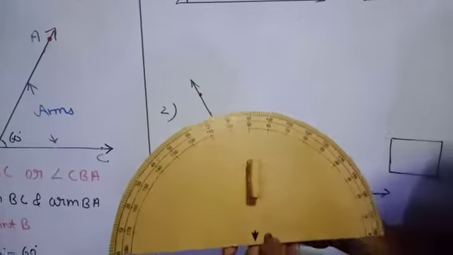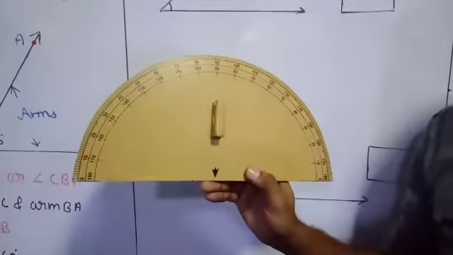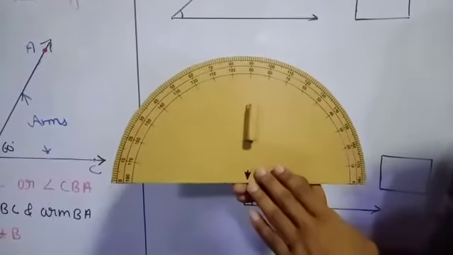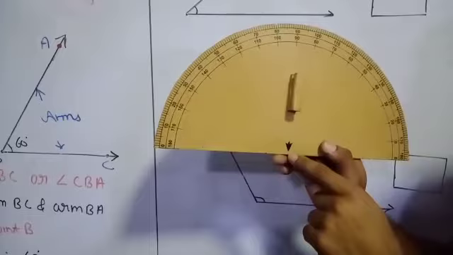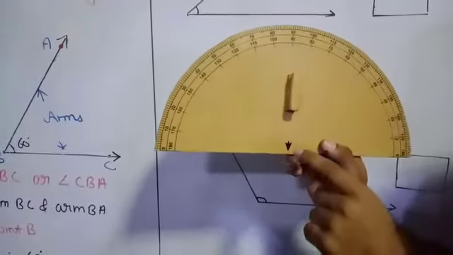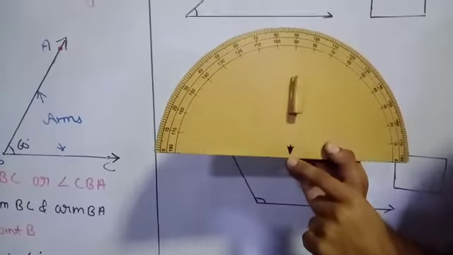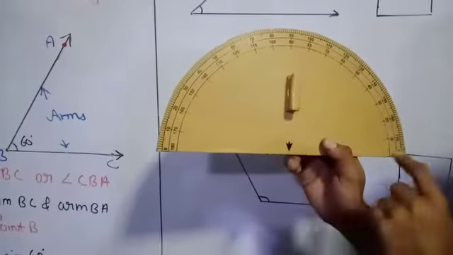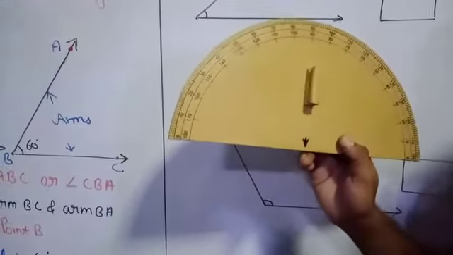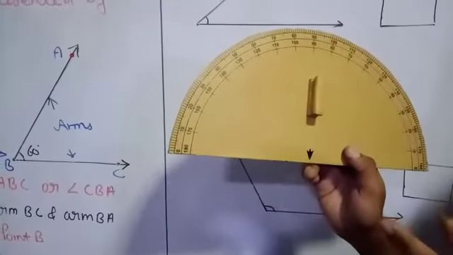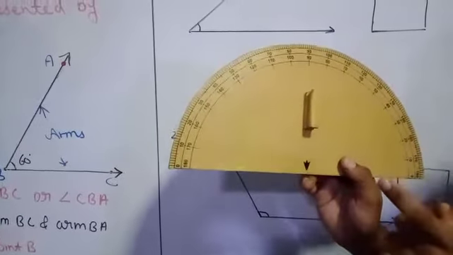So how are we going to measure this angle? How are we going to use this protractor? For that you should learn first. Here you can see the arrow. We always have to put this arrow on the vertex of the angle, and this line should be exactly on one arm of the angle, so we can measure it.